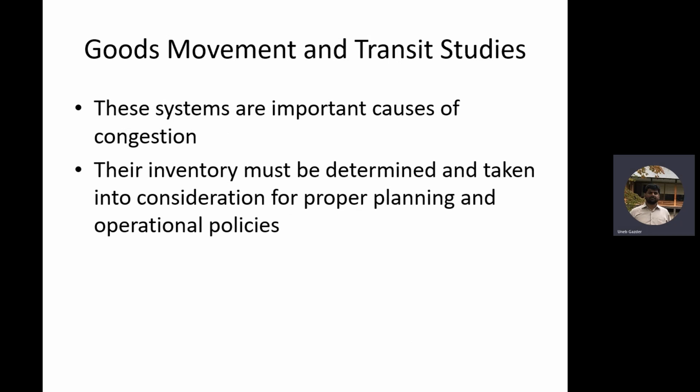Goods movement and transit studies. Goods means things, right? So what vehicle we use? Trucks, right? For goods movement we use trucks, and for transit, what do we use for transit?